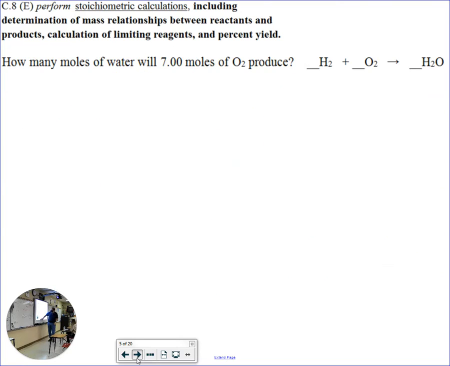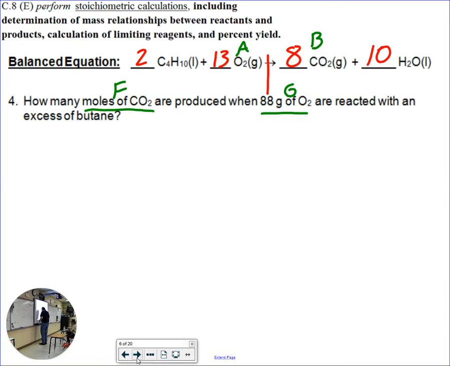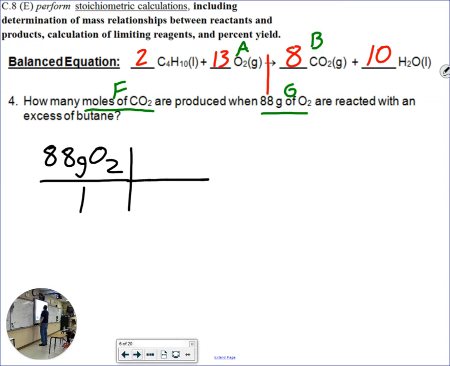So I'm going to do that, again, using dimensional analysis, all in one thing. So I start with what they give me, 88 grams of O2, skip it over 1. Now the next thing I need to do is change grams into moles. So to change grams into moles, what do I need to know? Formula mass. So I need to know the formula mass of O2.